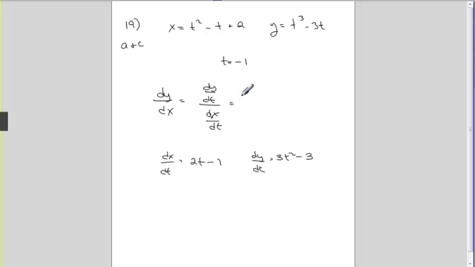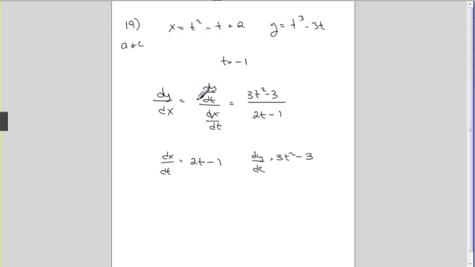So now we can plug in for dy dt 3t squared minus 3, and for dx dt 2t minus 1. The one thing you'll notice is if this goes to 0, the denominator goes to 0, the number goes to infinity, or it's undefined. I think it would end up being undefined because this will not go to 0 when this goes to 0. So at t equals a half, the slope is undefined.